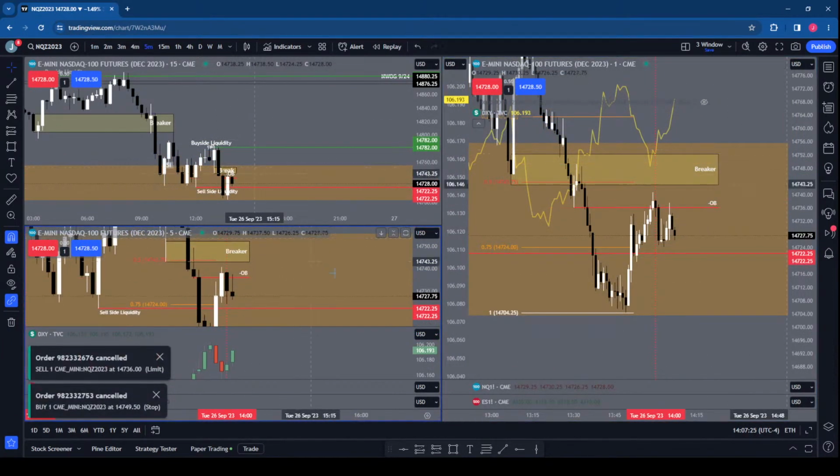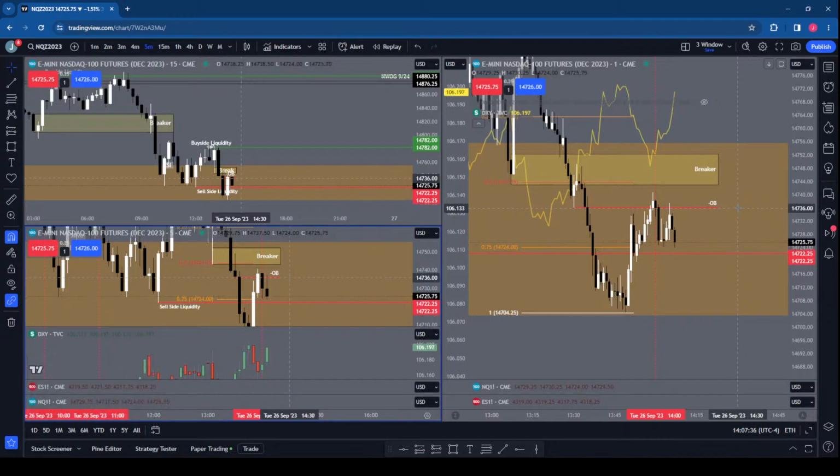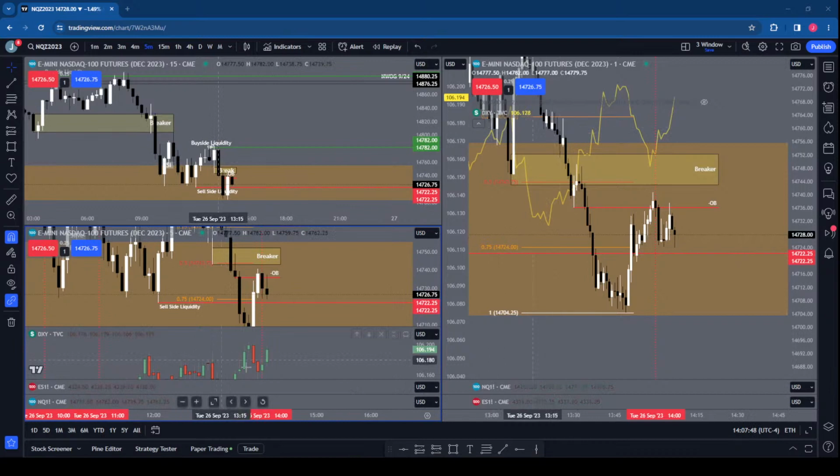I'm going to take that off for right now. Dollar's still rising.